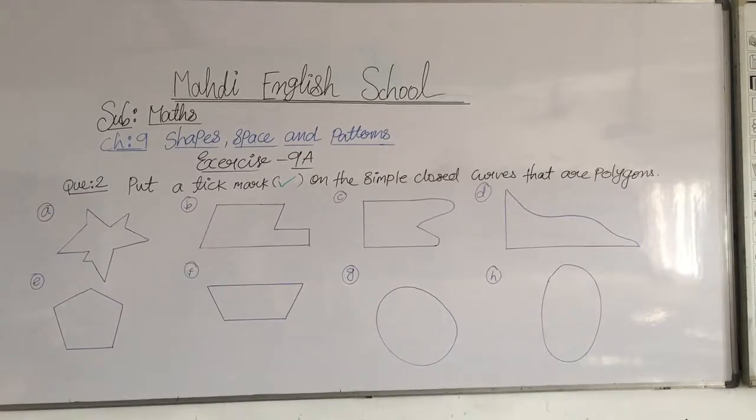With the help of a scale, we have to find the simple closed curves that are polygons. What is the question? First of all, give tick marks on the simple closed curves that are polygons.